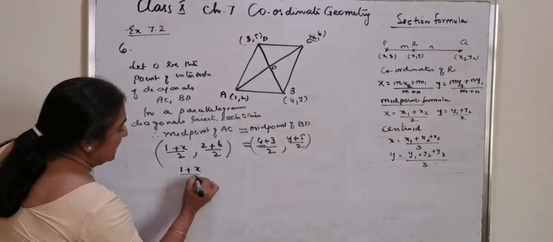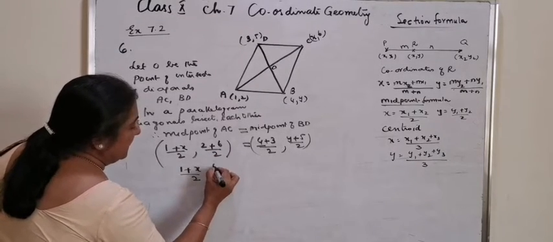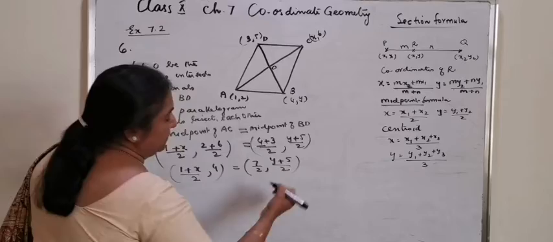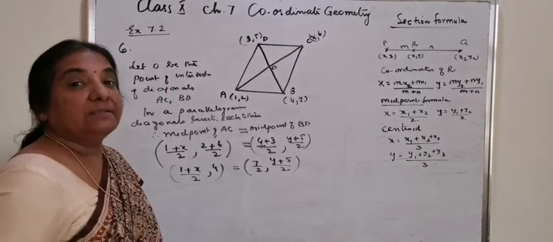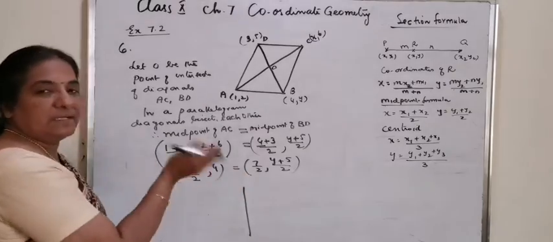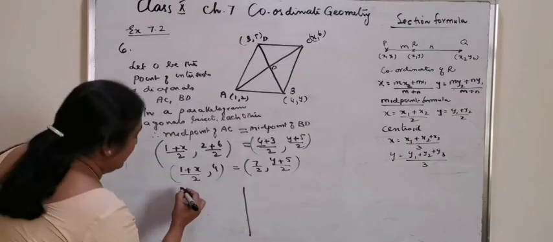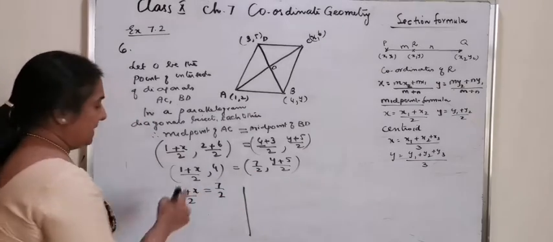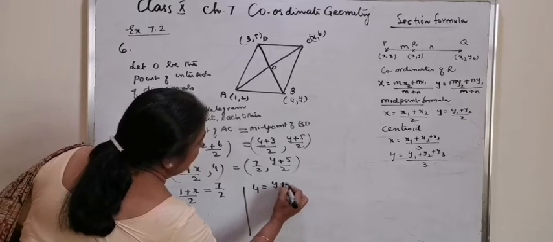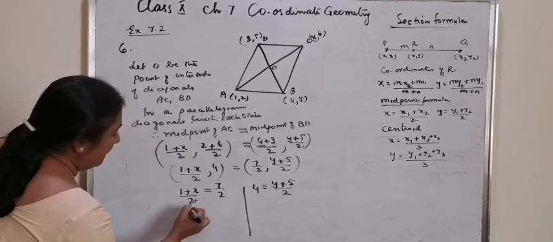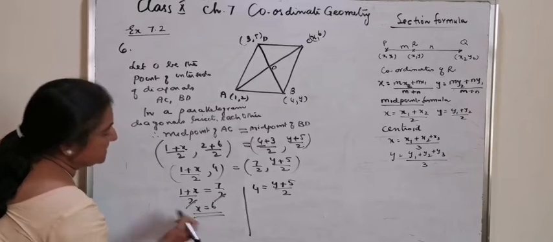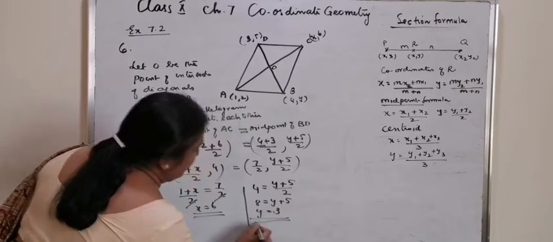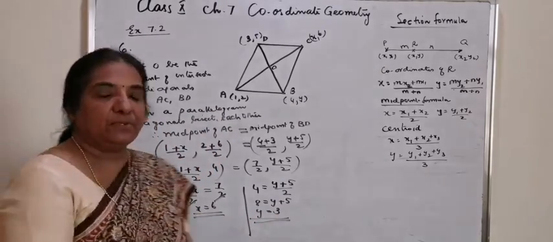That is, ((1 plus x) by 2, 8 by 2, which is 4) and (7 by 2, (y plus 5) by 2). If two coordinates are equal, the corresponding x values are equal and the corresponding y values are also equal. So (1 plus x) by 2 equals 7 by 2, and 4 equals (y plus 5) by 2. Hence x is equal to 6 and 8 is equal to y plus 5, or y is 3. Therefore, the x value is 6 and the y value is 3.